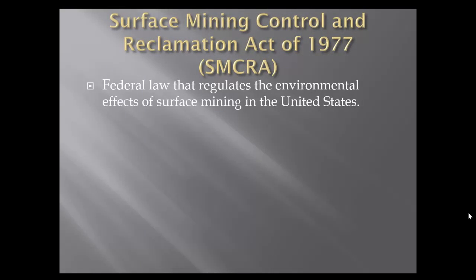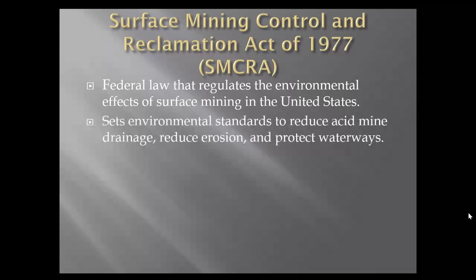This regulates the effects of surface mining, only surface mining. And it does set some environmental standards. The general mining law doesn't have any environmental standards, but this does. And it's really around acid mine drainage, reducing erosion, and protecting waterways. Those are three of the major issues with mining, and we'll get into each one of them coming up.